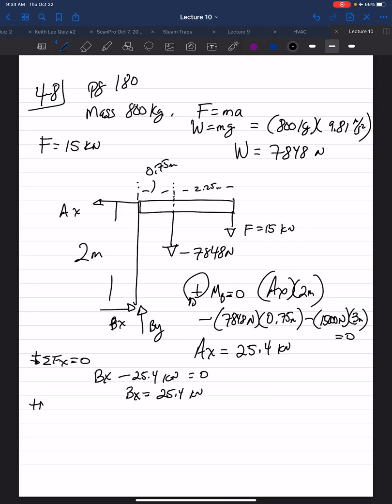Last but not least, take your sum of forces in the y direction. You have the last unknown, BY, minus the 7848 newtons, minus the 15,000 newtons, equals 0. BY gives you 22.8 kilonewtons.